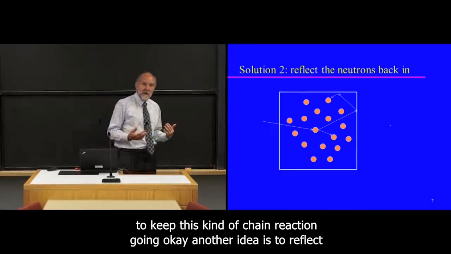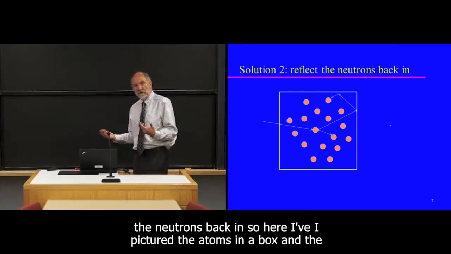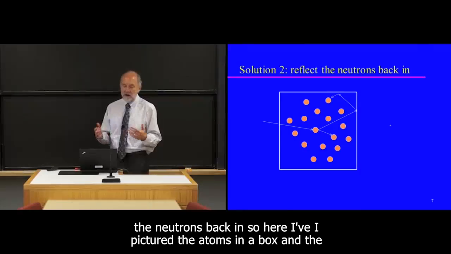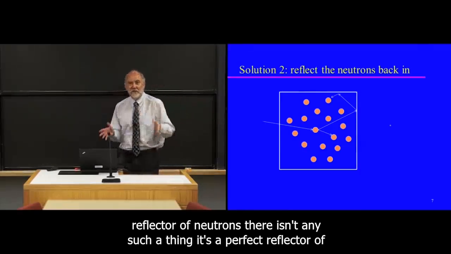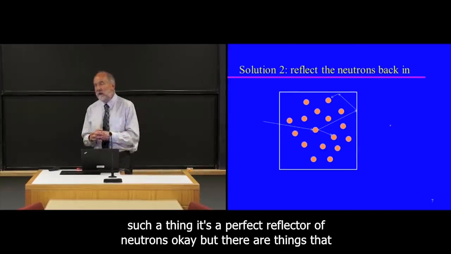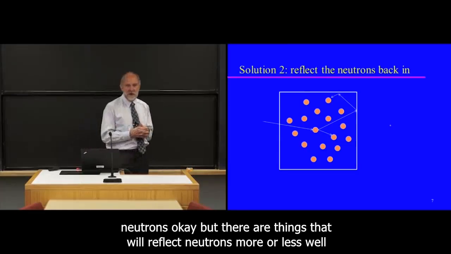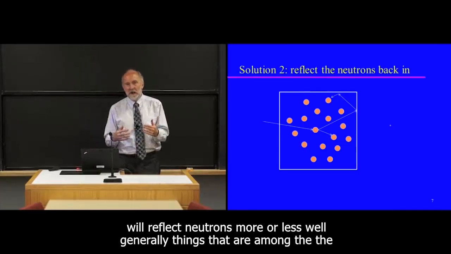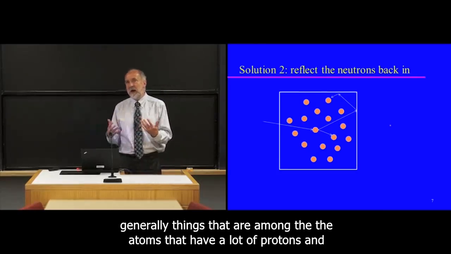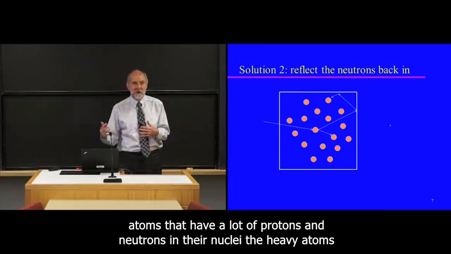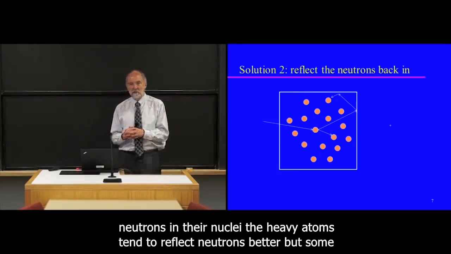Another idea is to reflect the neutrons back in. So here I've pictured the atoms in a box, and the box is a perfect reflector of neutrons. There isn't any such thing as a perfect reflector of neutrons. Okay? But there are things that will reflect neutrons more or less well. Generally, atoms that have a lot of protons and neutrons in their nuclei, the heavy atoms, tend to reflect neutrons better.